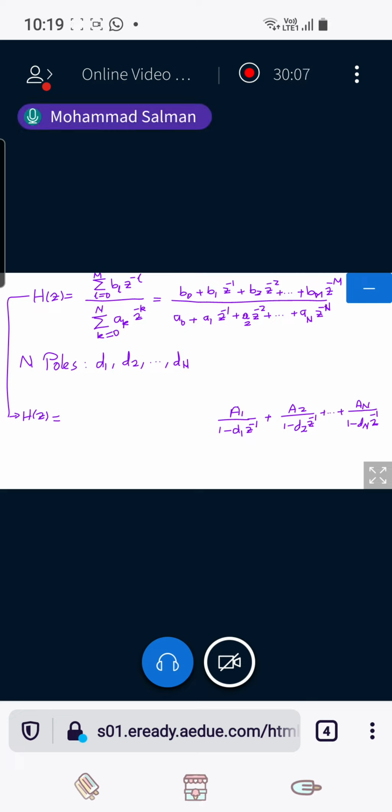Any idea? If the degree of the numerator equals the degree of the denominator, we will have a constant k. Excellent. We'll have a constant k.